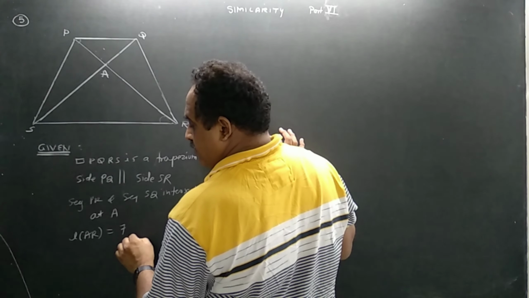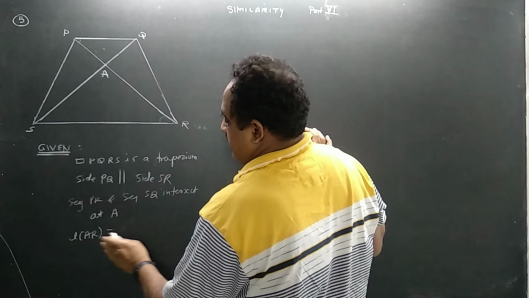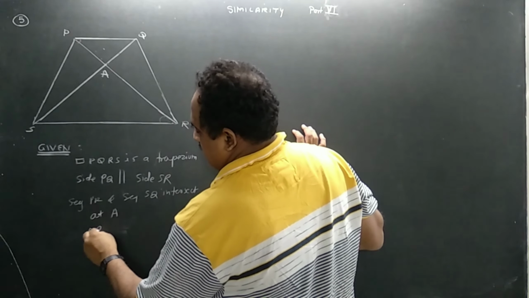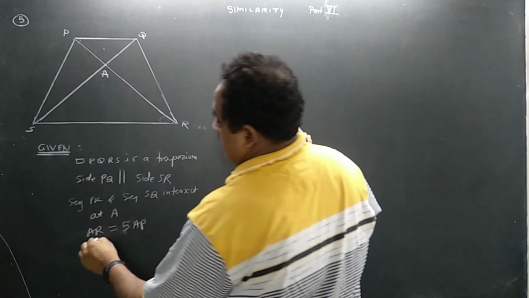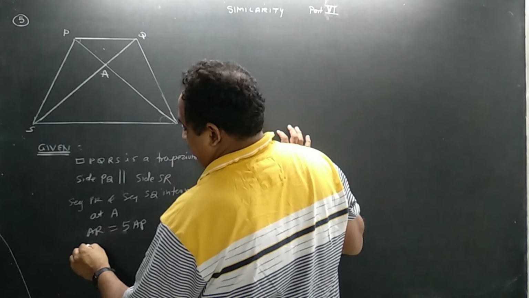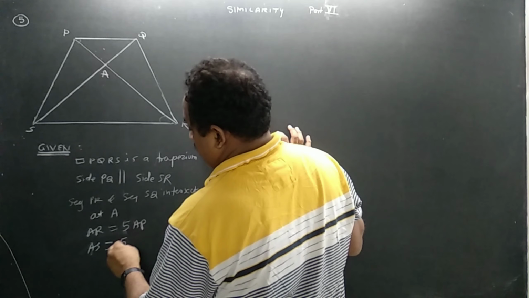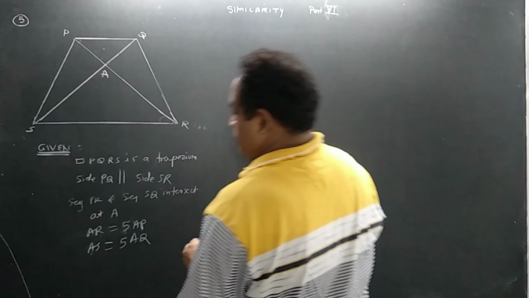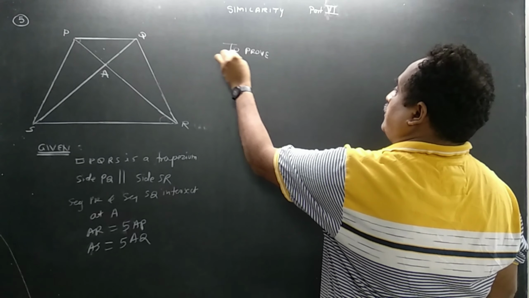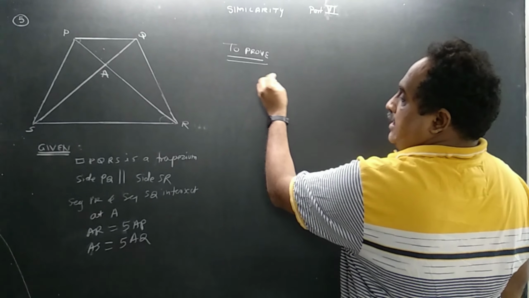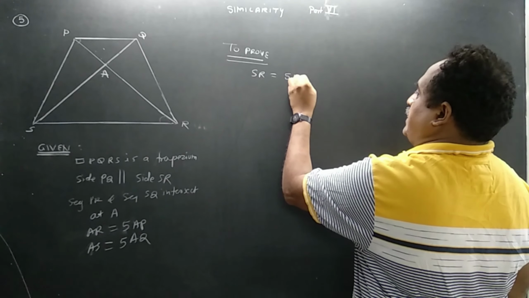AR is equal to 5 AP and AS is equal to 5 AQ. And they asked to prove SR is equal to 5 PQ.